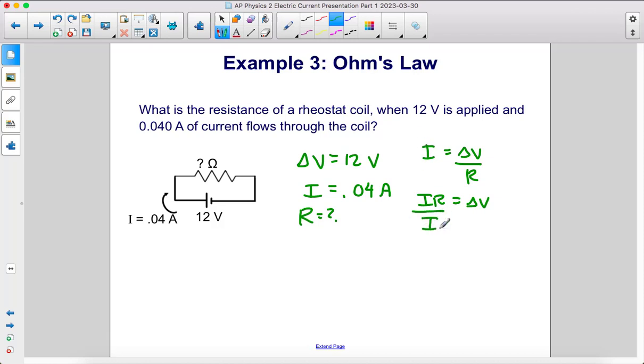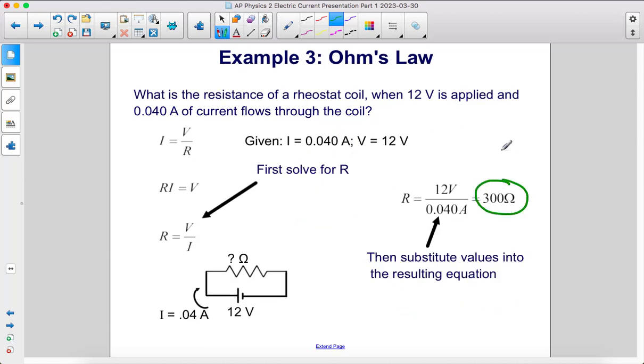Then we're going to divide by I, and it cancels over there. We get delta V over I. Now we plug in our numbers. 12 divided by 0.04, and the answer is 300 ohms.